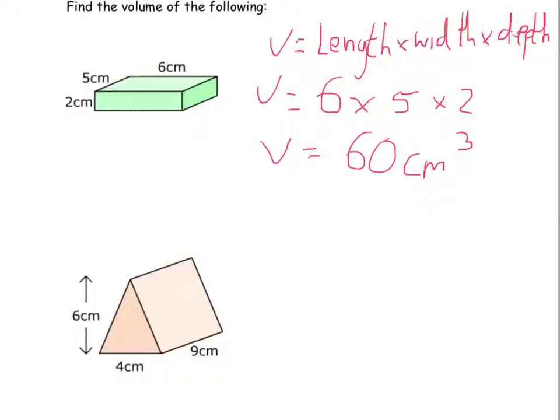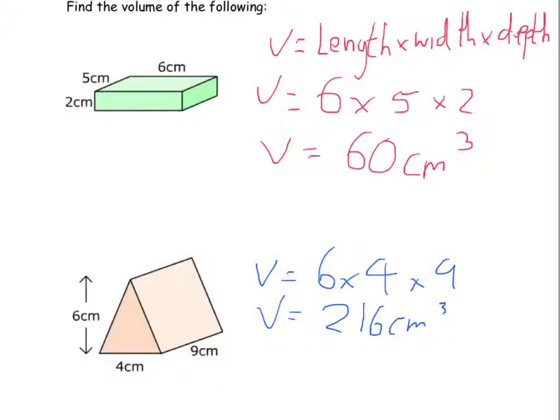So remember, the equation for finding the volume of a cuboid is length times width times depth. We're going to use that again. So the volume of this, if it was a cuboid, would be 6 times 4 times 9. So 6 times 4 is 24, times 9 is 216 centimetre cubed.